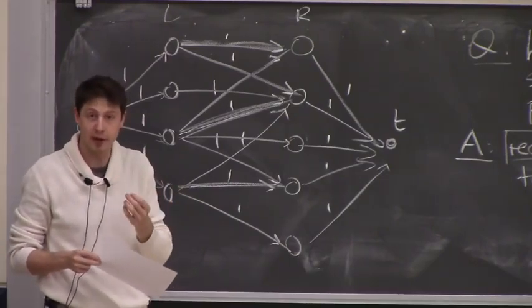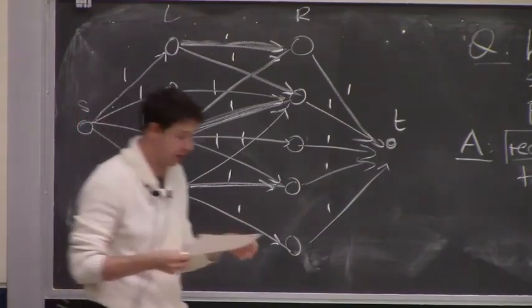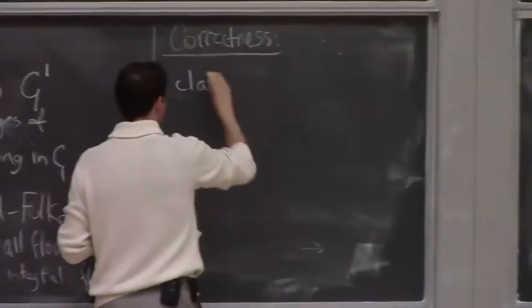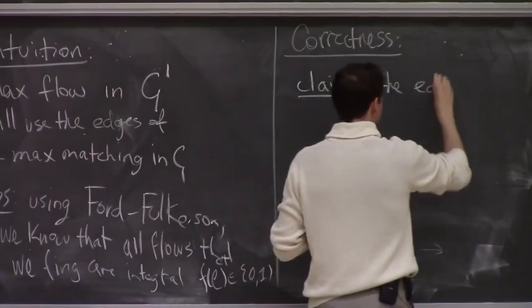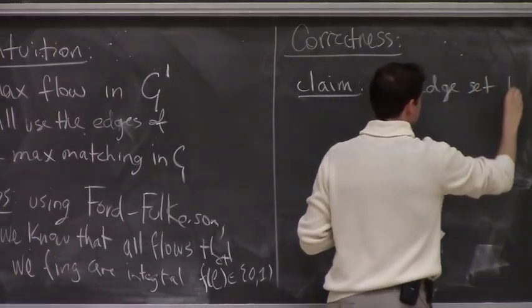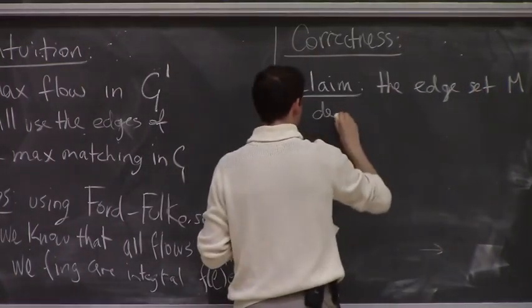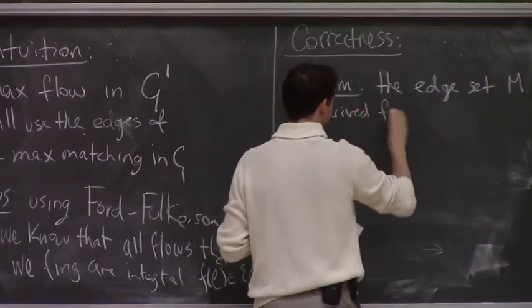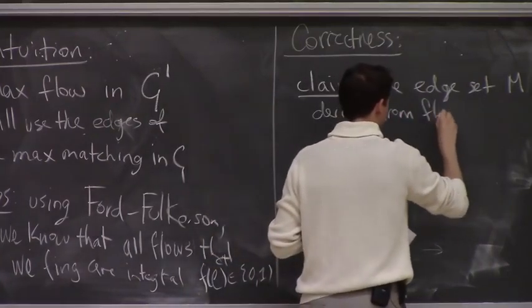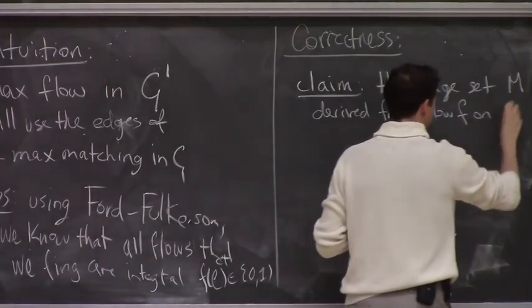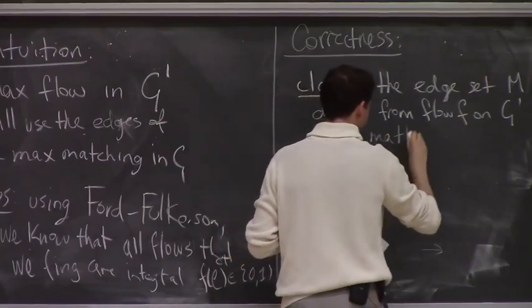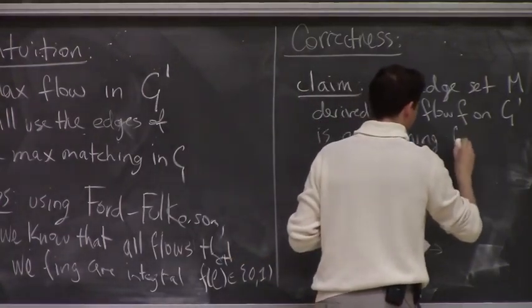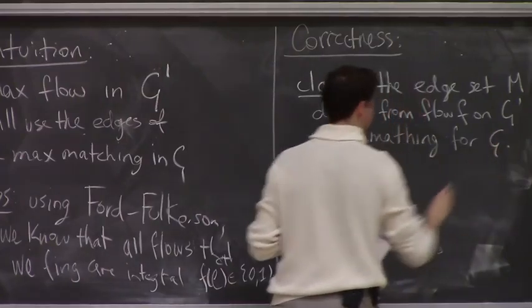Now, I need to prove that what I output is indeed a matching, right? So, claim: the edge set M derived from flow F on G prime is a matching for G, okay?